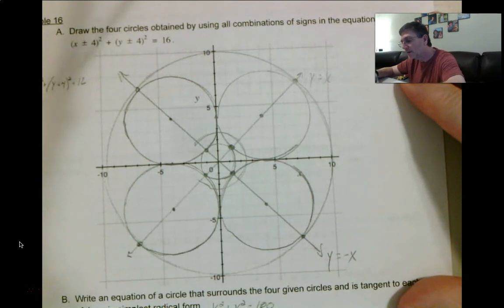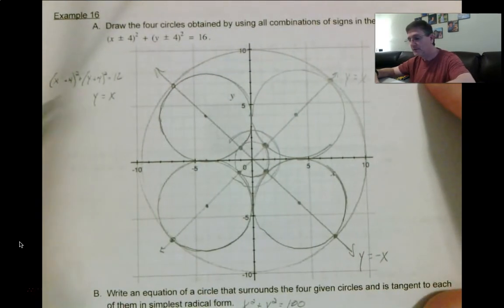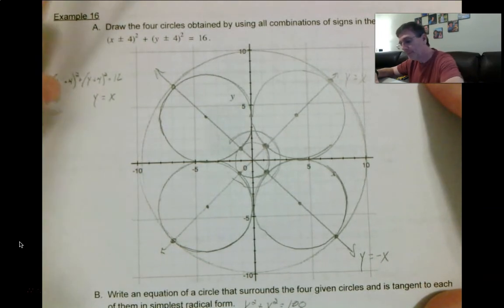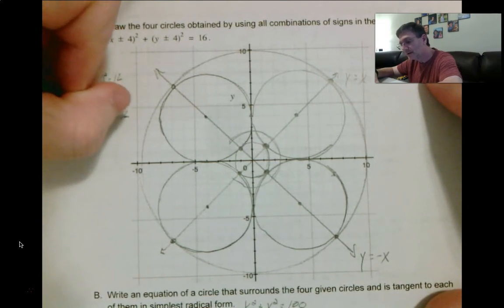I want to know where that circle intersects the equation y equals x. So I'm going to substitute x in for the y. x plus 4 squared plus x plus 4 squared equals 16.